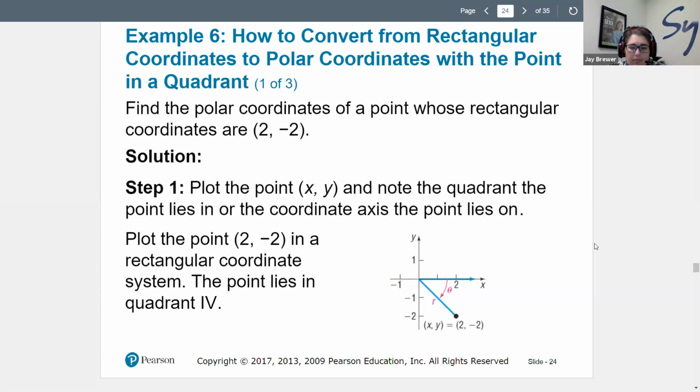You can try it. It can be an experiment for you. The recommendation is going to be using tangent theta because you're looking at an x and a y.